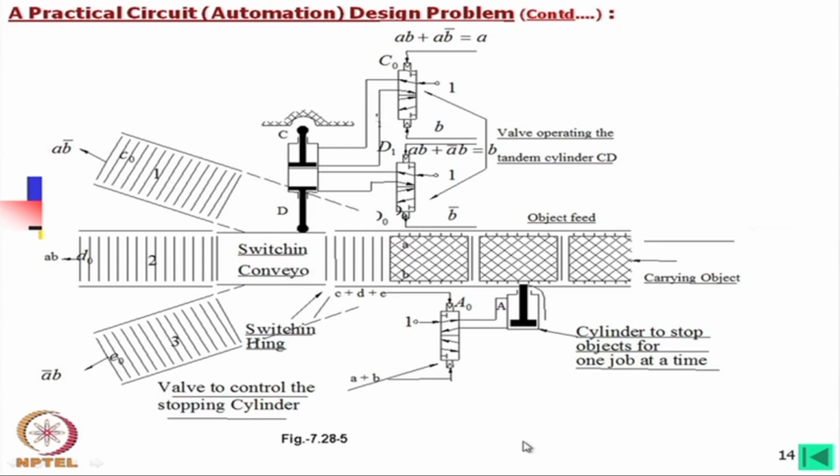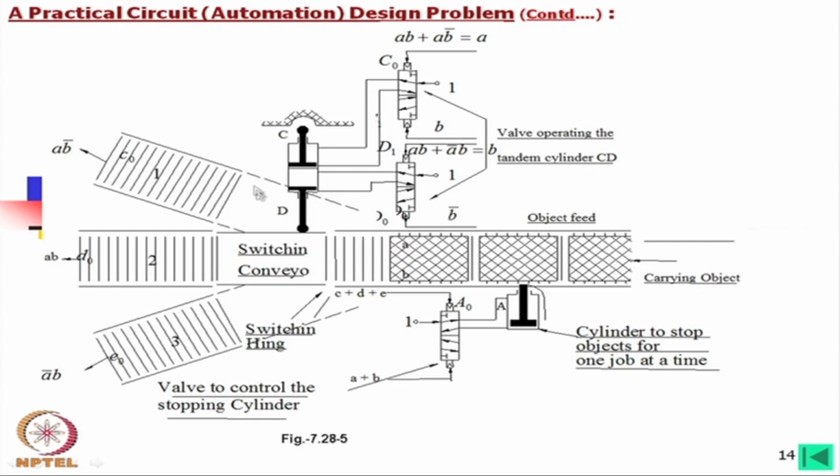Okay. Now, also what we should observe, that here if we look into this cylinder, this is a double acting cylinder, because this can move this way and that way, but this actuation is only in a single direction, and this is only stopping the item.